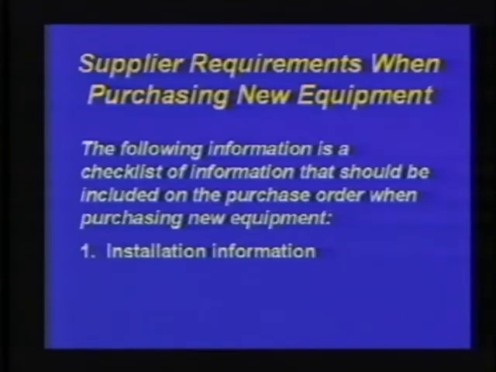And here I'm indicating by number what they are, and they should be added as an item number to the purchase order. As an example, do you require installation information? That's item 1.